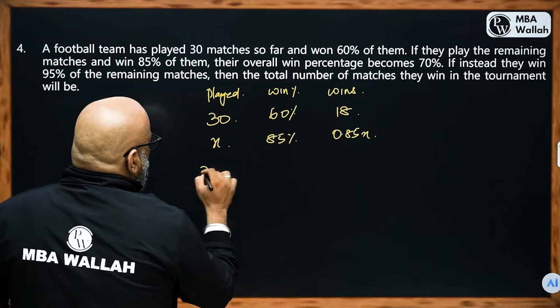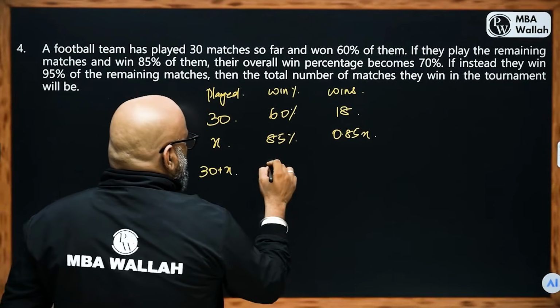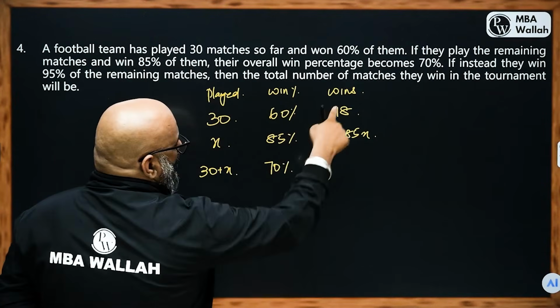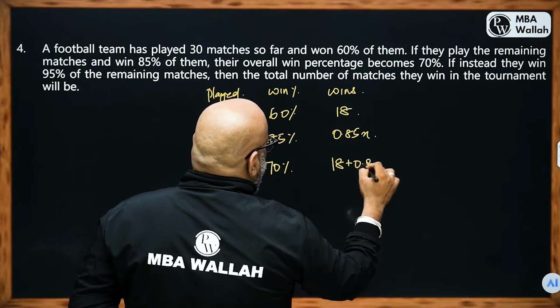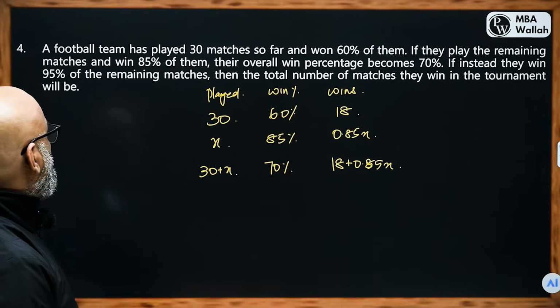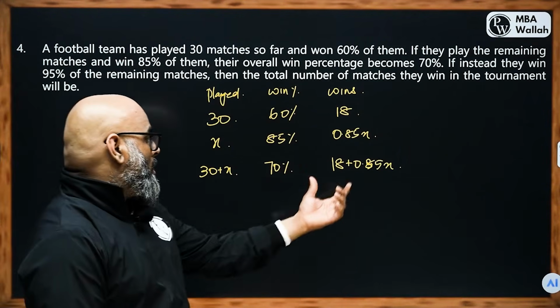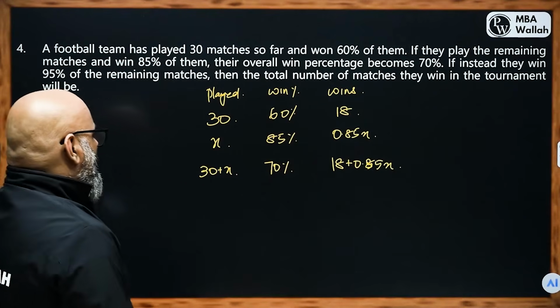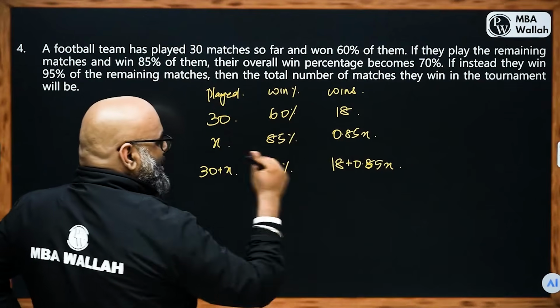So total matches played is 30 plus x. Overall win percentage is 70%. Overall wins I can write as 18 plus 0.85x. The question is the total number of matches they win in the tournament. We need to find the total number of matches won. Now out of 30 plus x, 70% of that is this value.